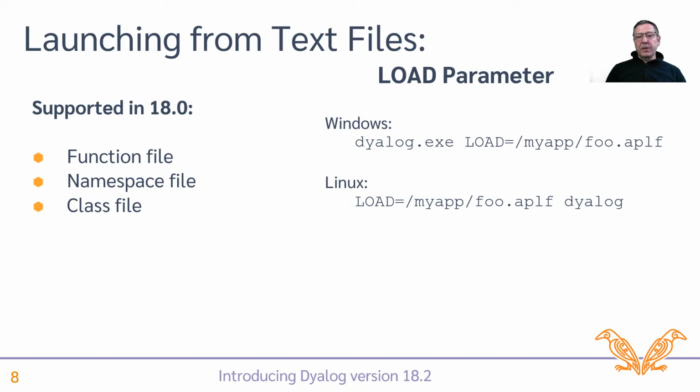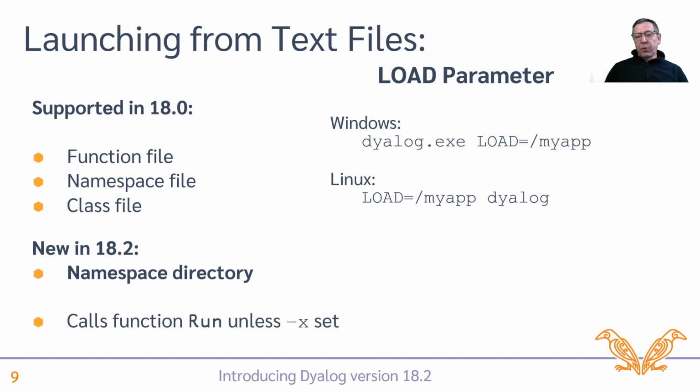One of the features that was introduced in version 18.0 was that the load parameter for the interpreter can take the name of a function namespace or class file, and the APL interpreter itself, without using Link, will be able to load the source and start running it if it conforms to the interpreter's expectations for something that it can run.